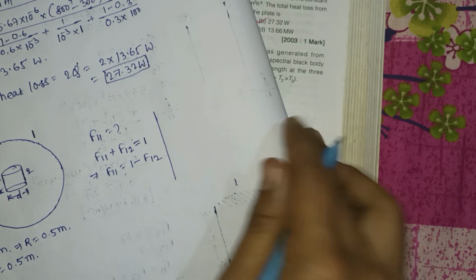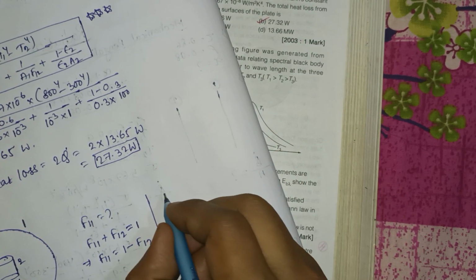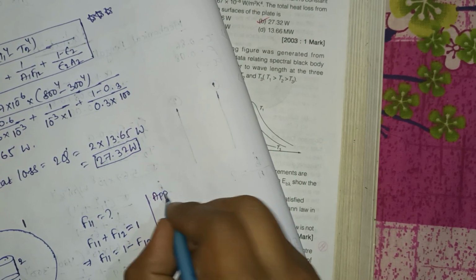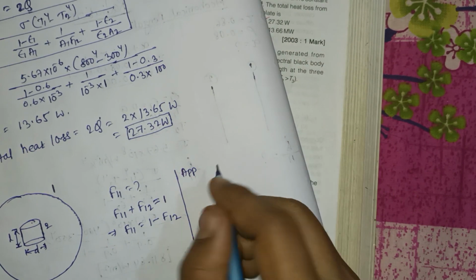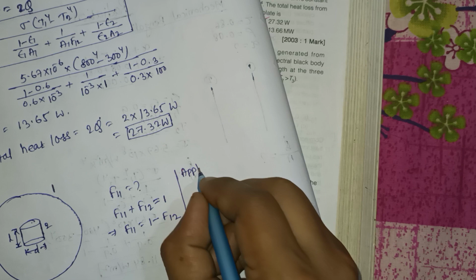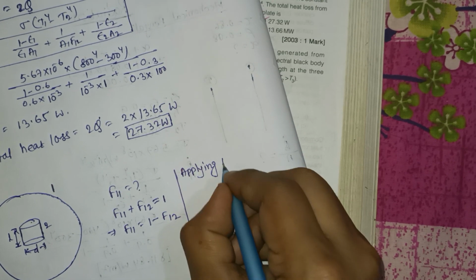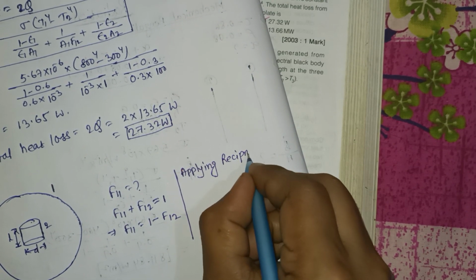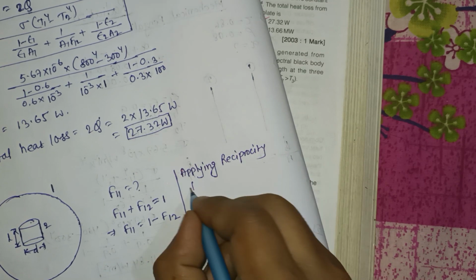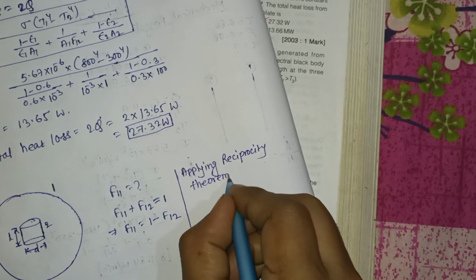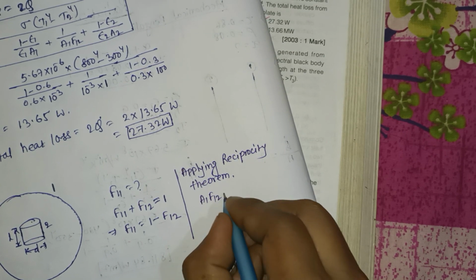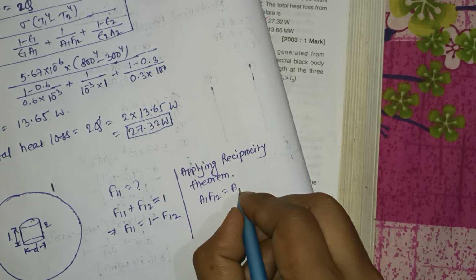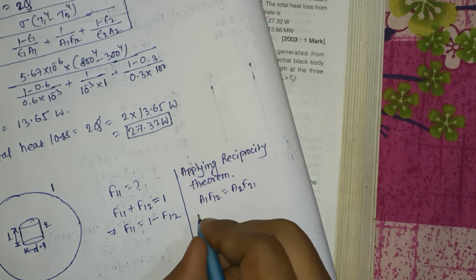To find F12, apply the reciprocity theorem: A1 F12 equals A2 F21.